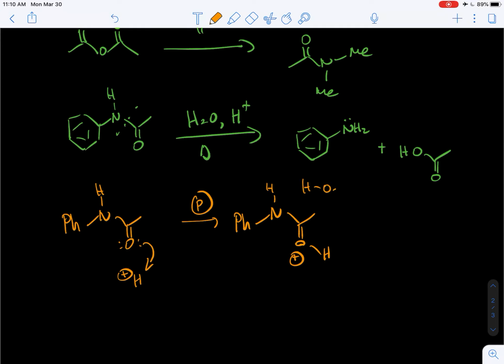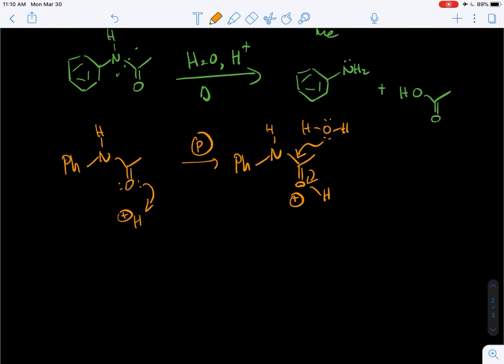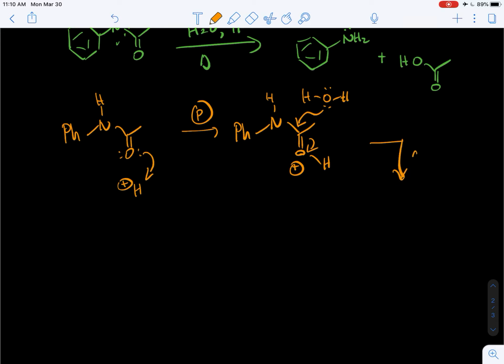Now here's where water can come in as a neutral nucleophile and attack the carbonyl carbon to give us this guy here. Now, we've got to do some manipulations and so on to kick off the leaving group. So remember, again, we want to get free aniline, so we've got to kick off this guy here.